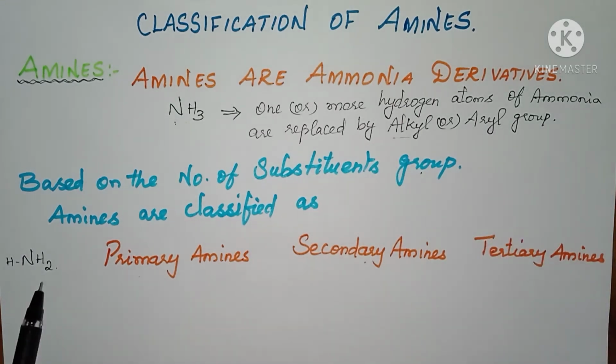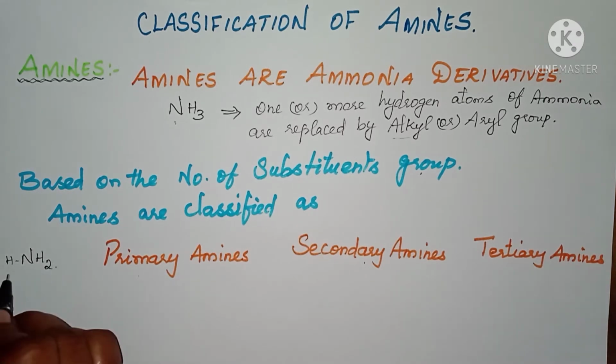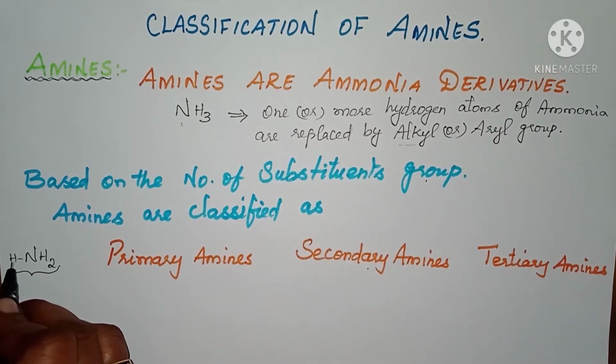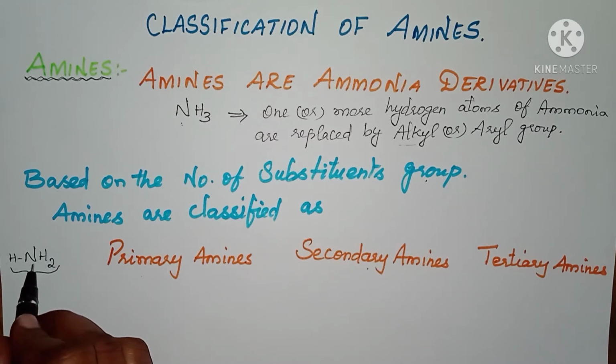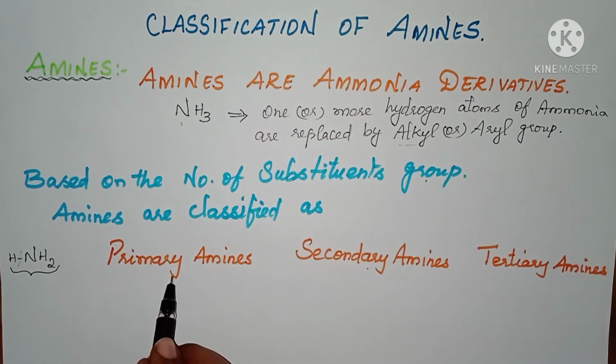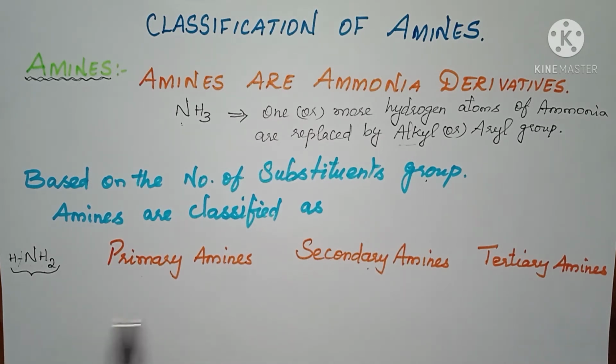See here, NH3, one hydrogen is replaced. Remaining how many hydrogens will be there? 2. That means the functional group of primary amine is NH2. If you know the functional group, you can easily identify the formula.